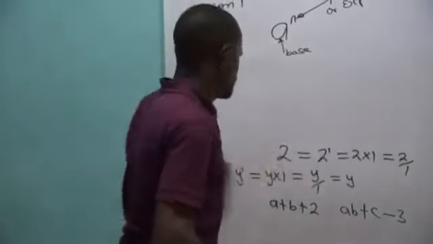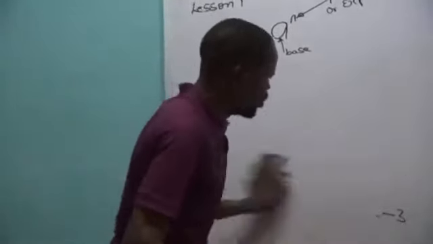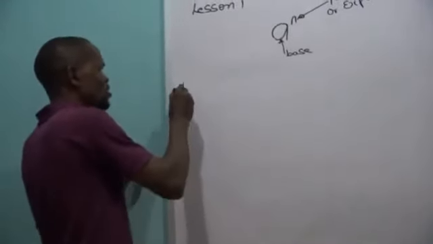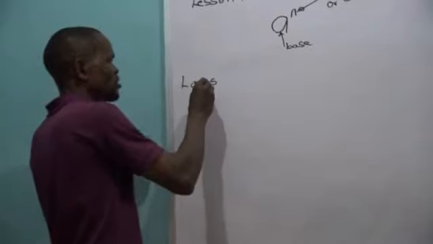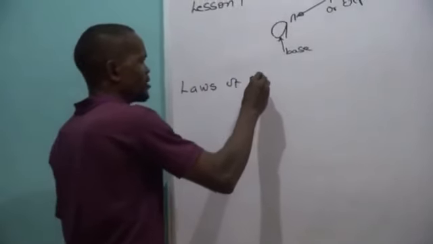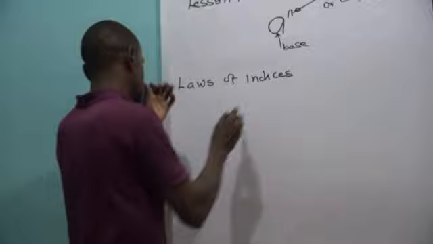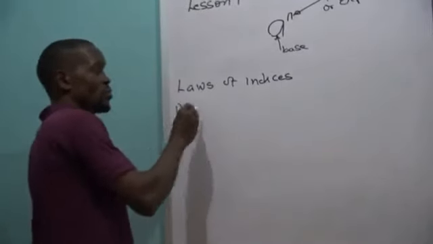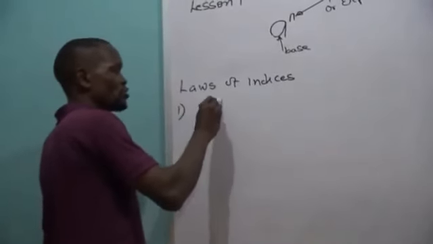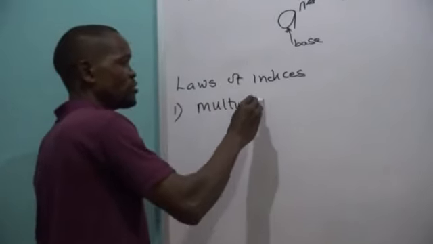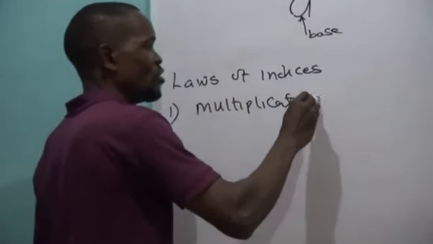We move to what we call the laws of indices. Number 1, we have what we call the multiplication law.